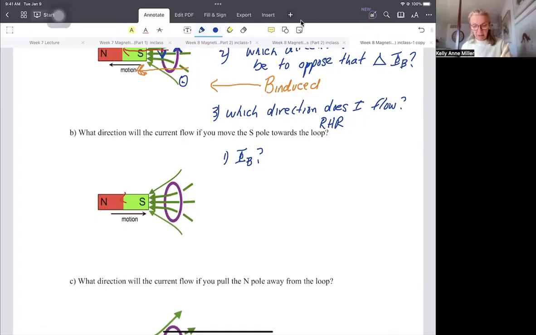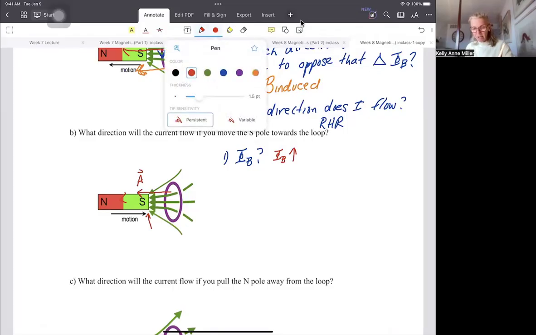Again, I'm going to set up my area vector in this direction, so I have a positive flux. So what's happening to the flux? It's increasing, right? The flux is increasing as this part of the magnet gets closer to the loop.